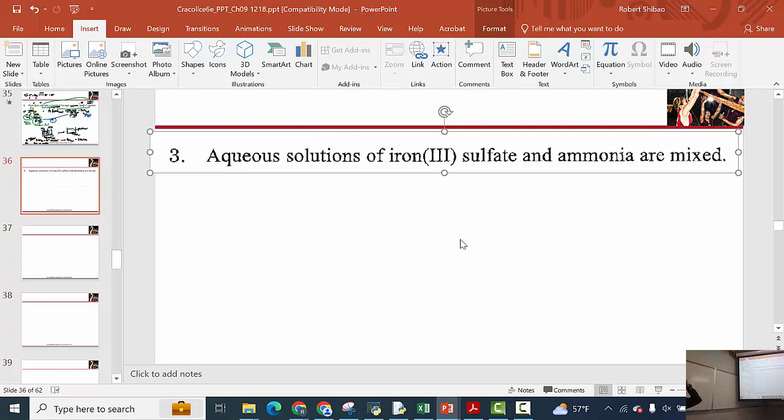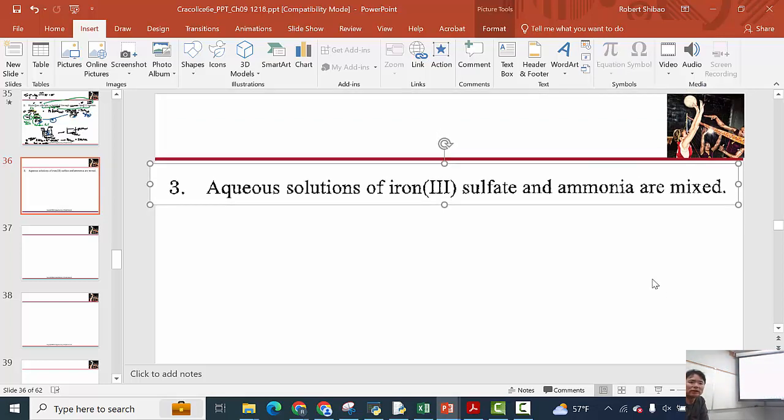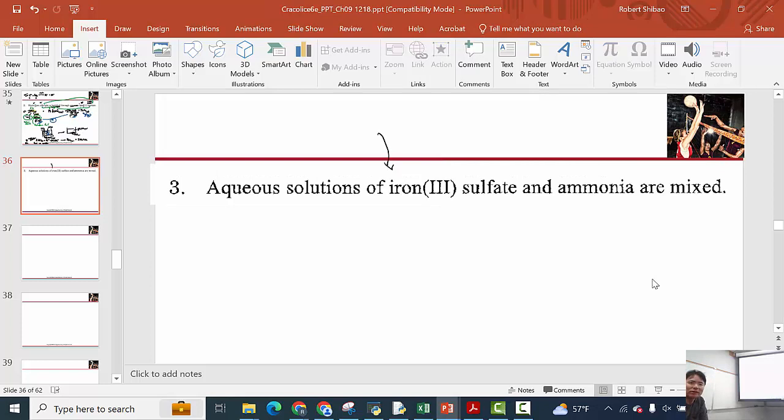Aqueous solutions of iron 3 sulfate and ammonia are mixed. And so the first thing we need to do is get the correct formula for iron 3 sulfate. And so what's the formula for the iron 3 cation? Iron 3 cation. Is it IR3? Fe3 plus. Sulfate?